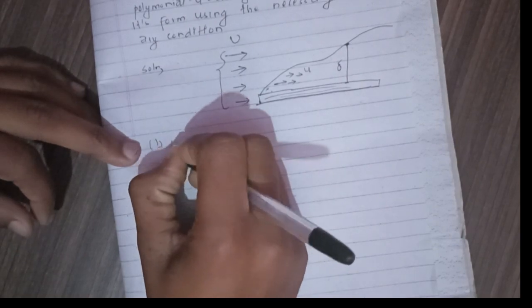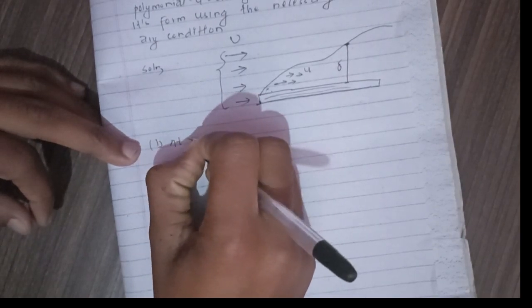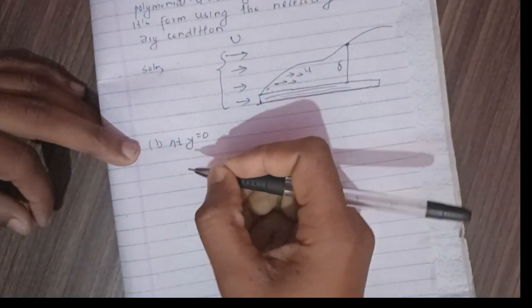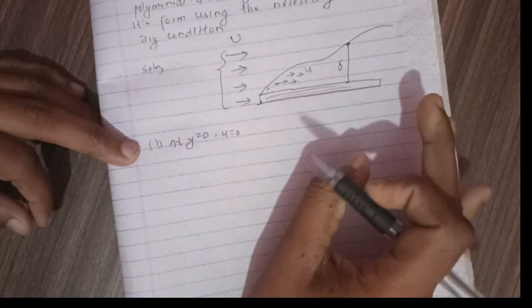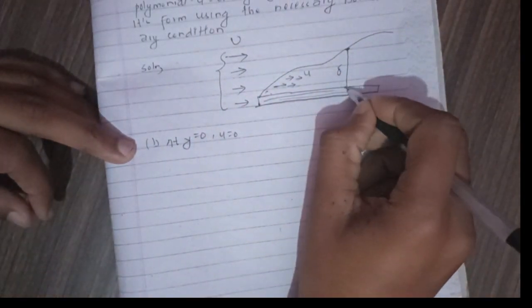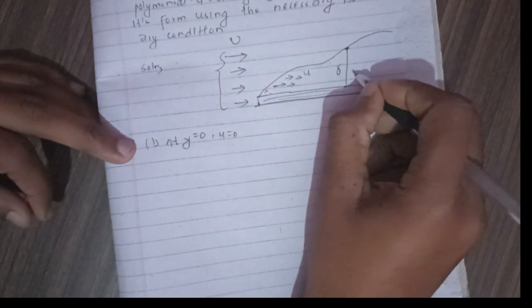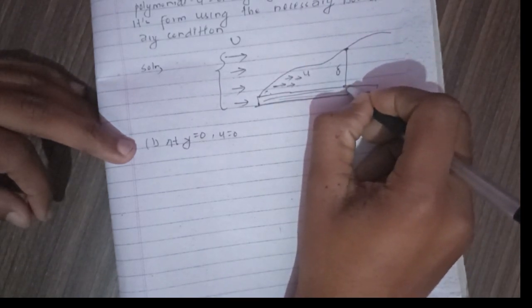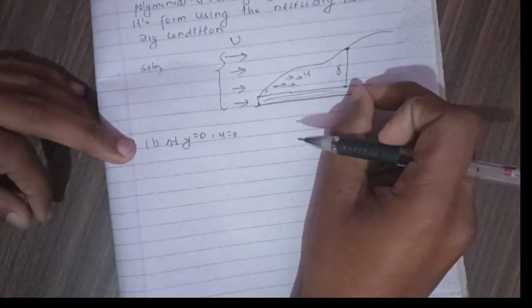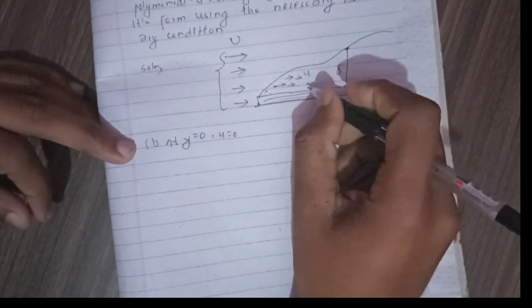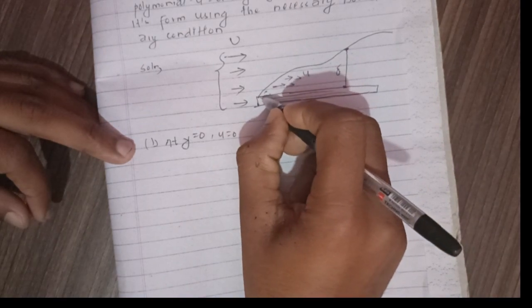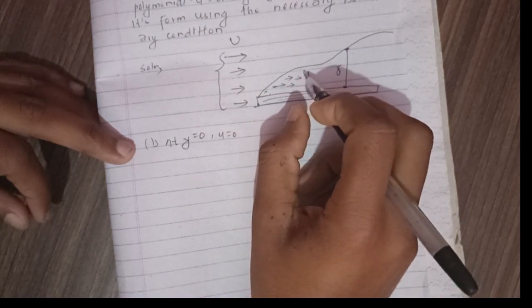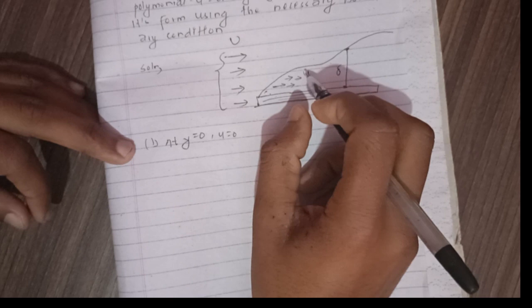So let's solve. We know at y is equal to 0, u is also 0. See, when y is 0 means we have not moved any distance from this plate. We are here, and according to the boundary layer, velocity just above the plate is 0, which is also called the no slip condition.